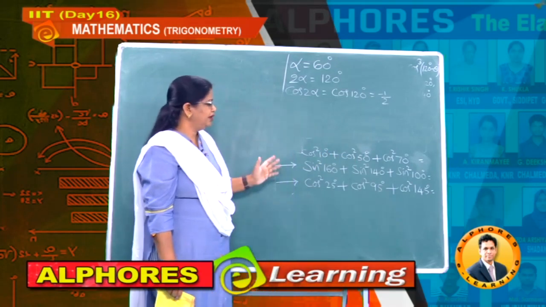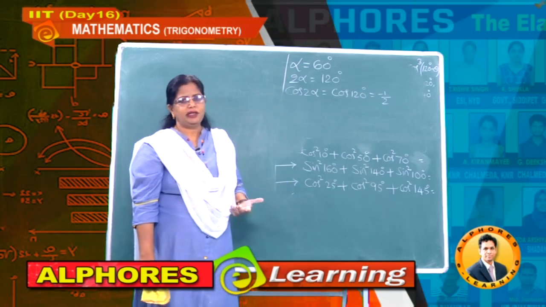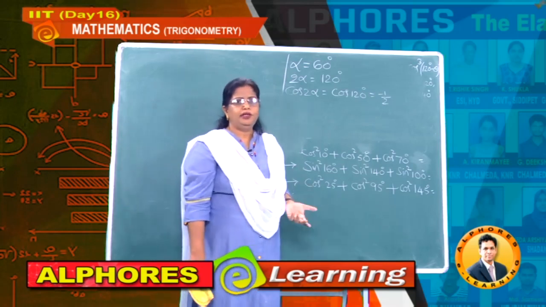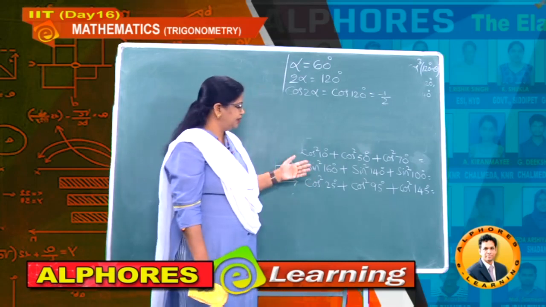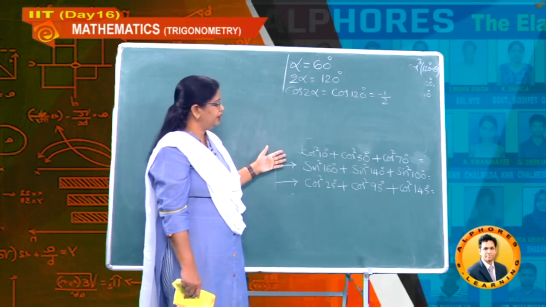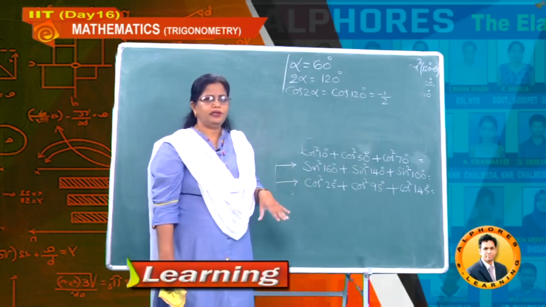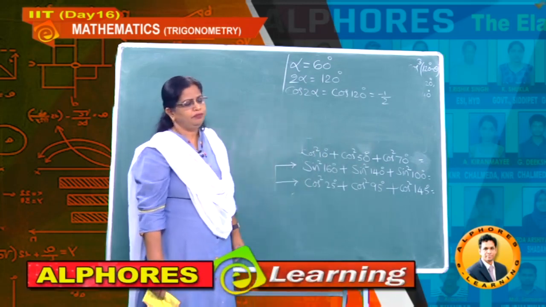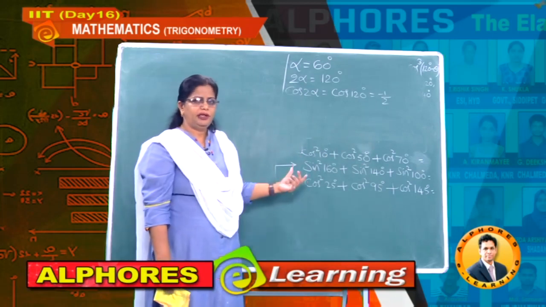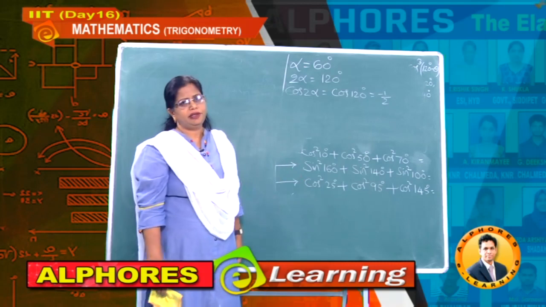So whenever you observe sum of squares in cos or sine, then immediately you have to go for any known formula, because many angles we don't know about here, okay. So whenever there are no known angles, then definitely you have to search for a formula. So what could be the formula here? First observation, always any complementary angle or supplementary angle.